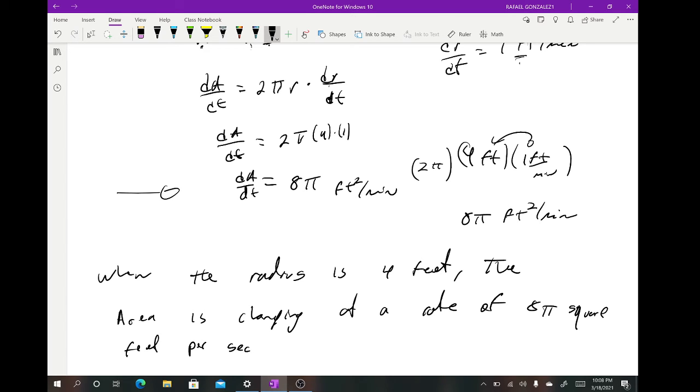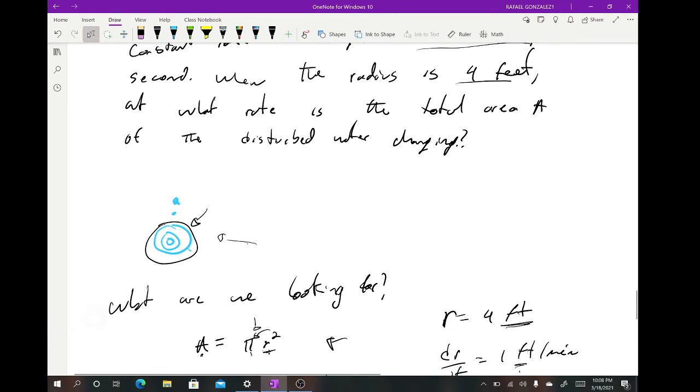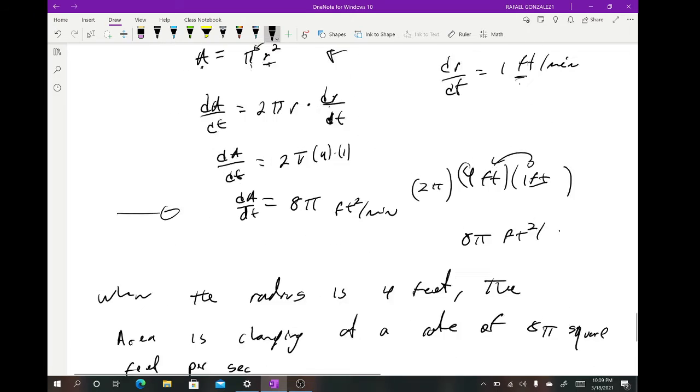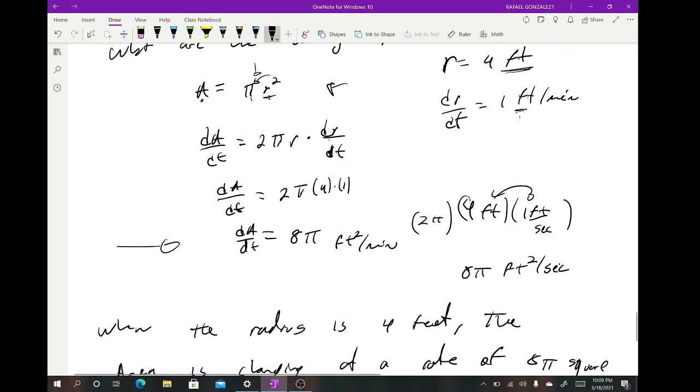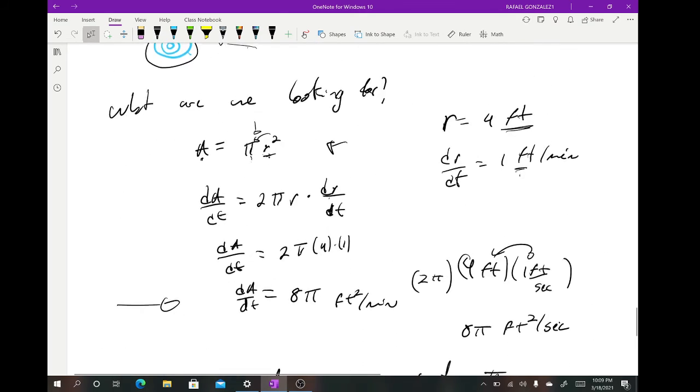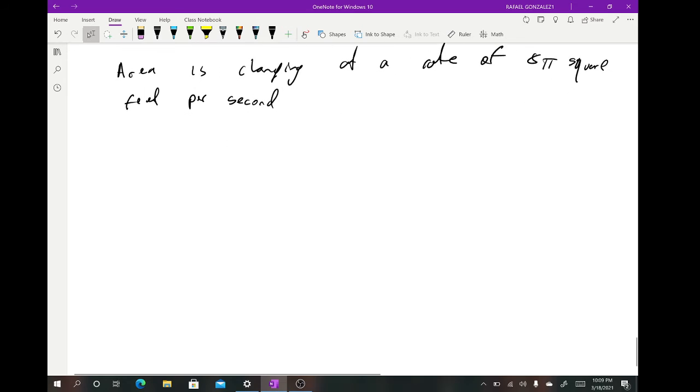Per minute. Oh wait, no, I wrote per minute here. It's supposed to be per second. Yeah, per second. Per minute would be too long because these waves are moving very quickly through the water.